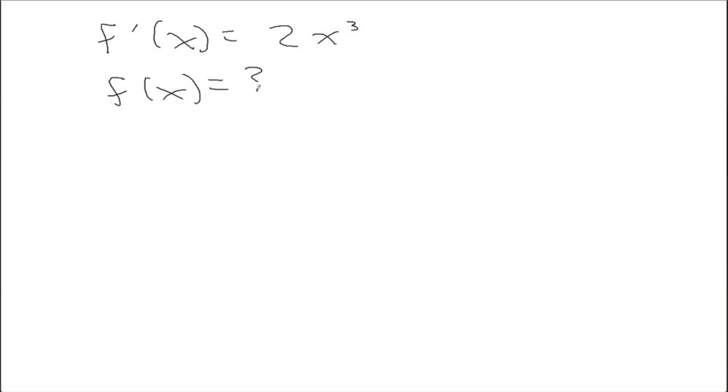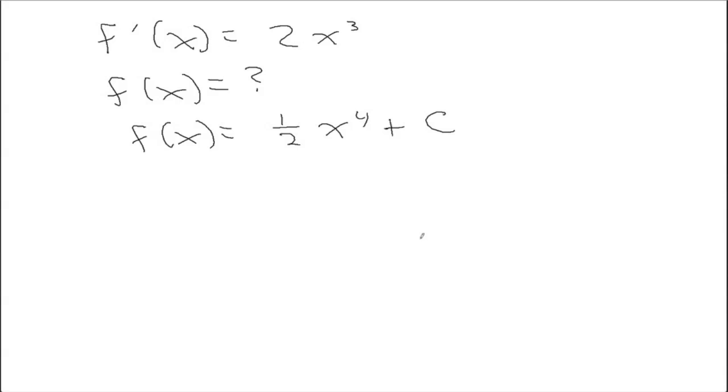Okay, so now it's your turn. Let's try this example. This would be 1/2 x to the 4th plus c. Okay, like this? Yep. All right, now check that. The derivative of 1/2 x to the 4th: 4 times 1/2 is 2, so 2x cubed plus 0.